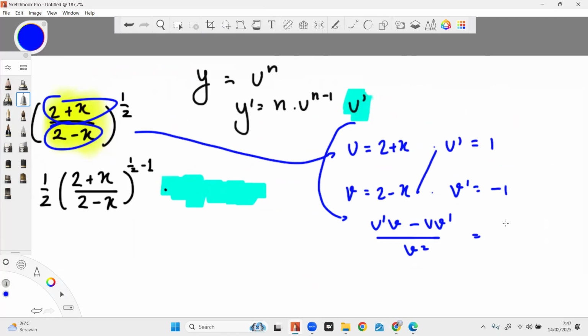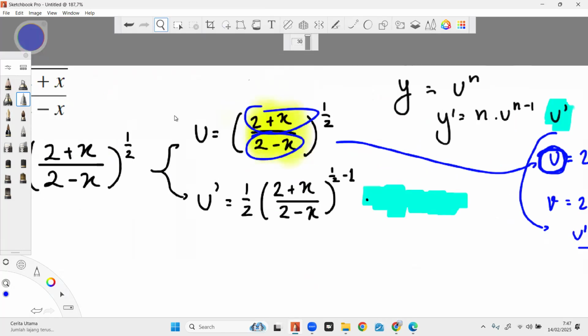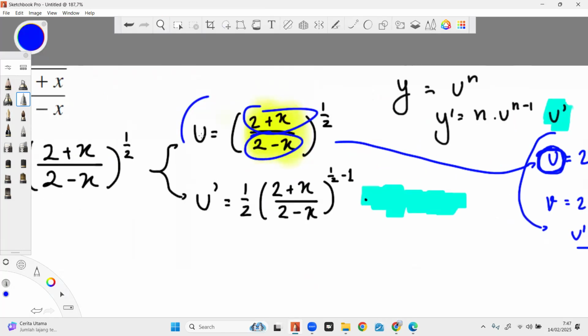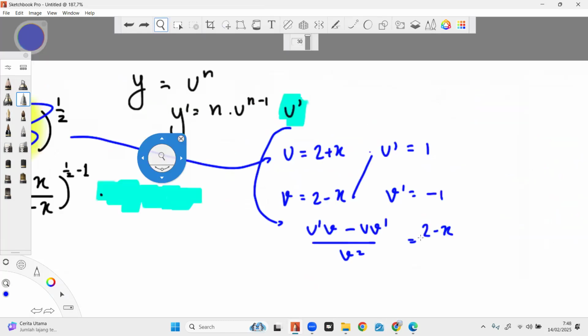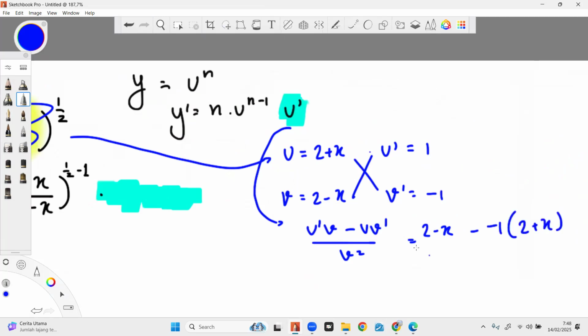2 minus x. Again, I want to remind you, this u is not similar to this u. So I have another u, over, multiply u accent and v, 2 minus x itself, subtract negative 1 times 2 plus x, over v squared, which is (2 minus x) squared, right?